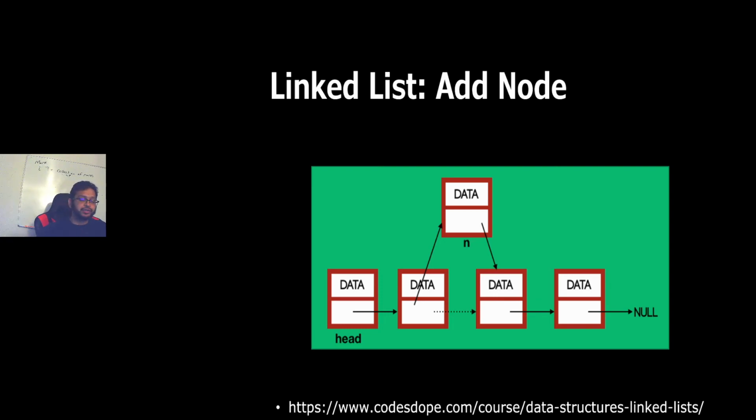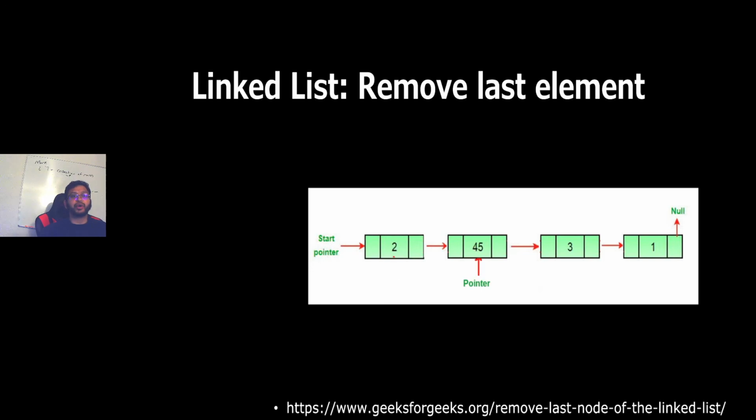But now that we know how to add to the end, or add at a specific location for a node in a linked list, what if we wanted to remove the last element? Well, you traverse until you get to the second to last element, and you just say the pointer, instead of pointing to the last element, points to null.